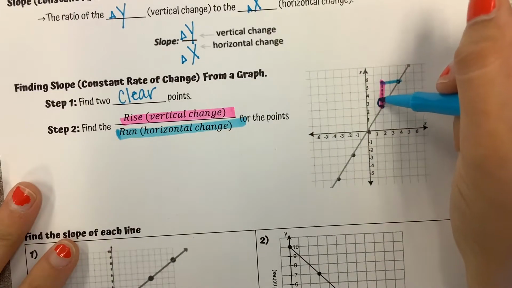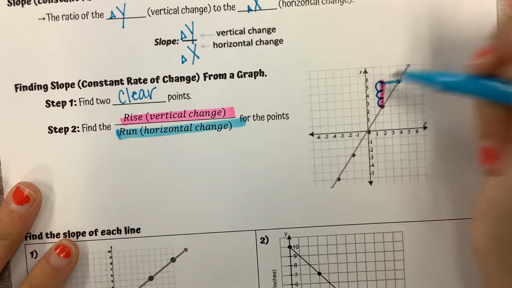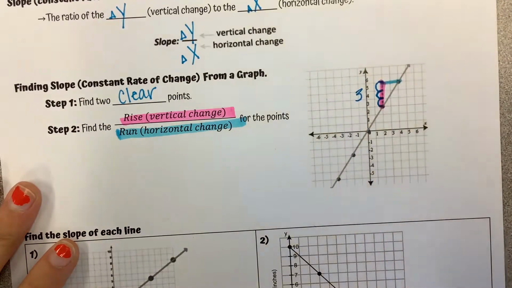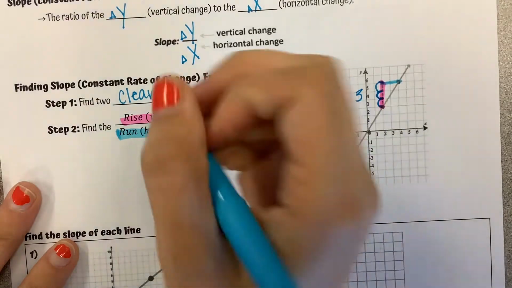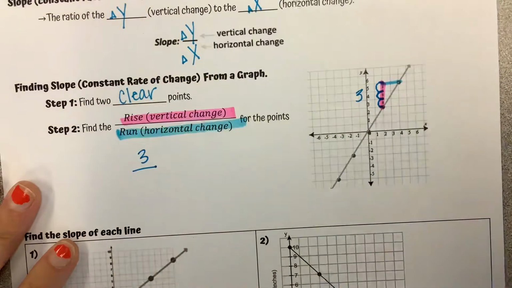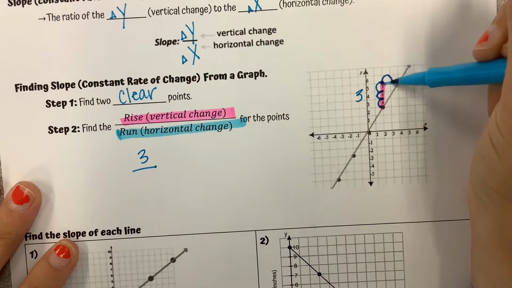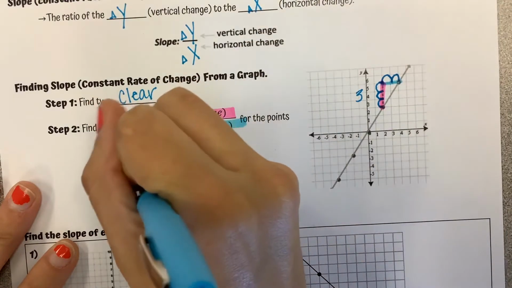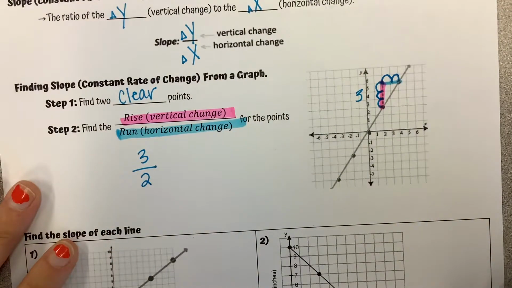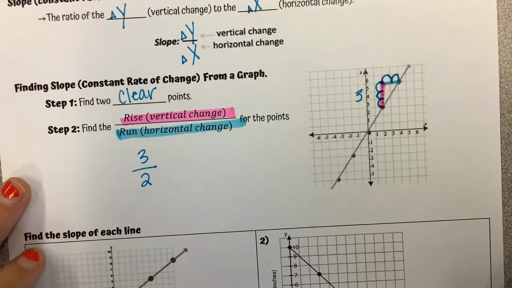It's going up 1 box, 2 boxes, 3 boxes. So it has a rise, a vertical change of 3 over our horizontal change is 1, 2. So we have a slope of 3 over 2.